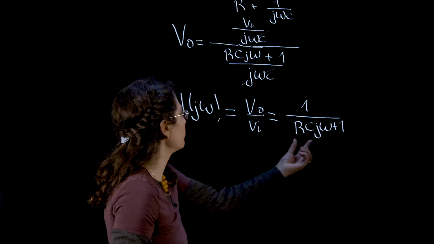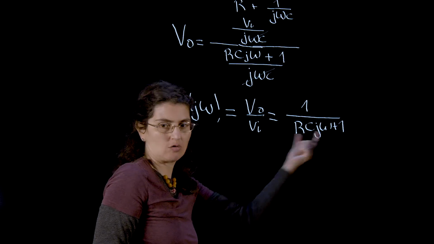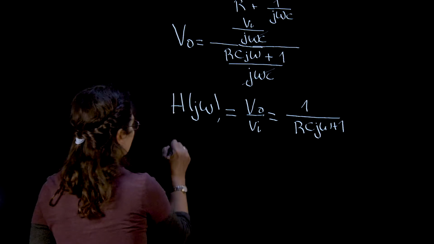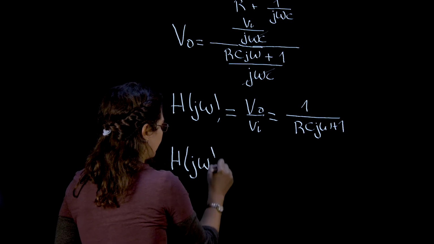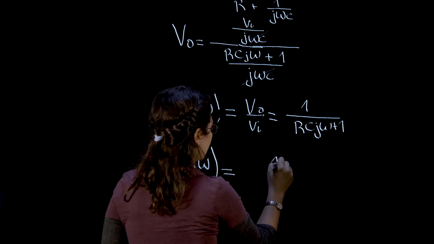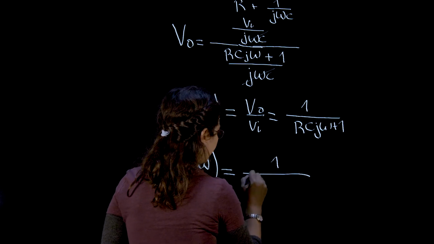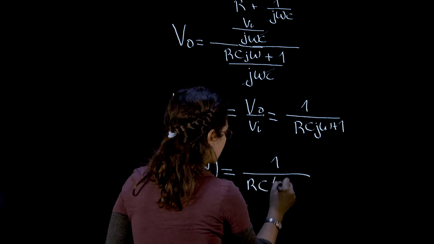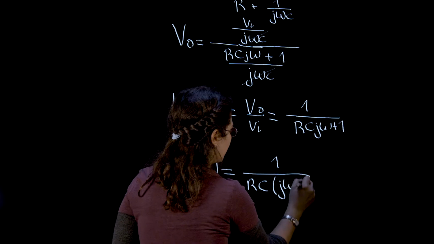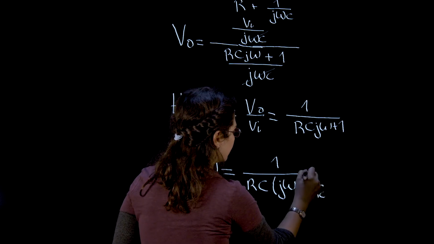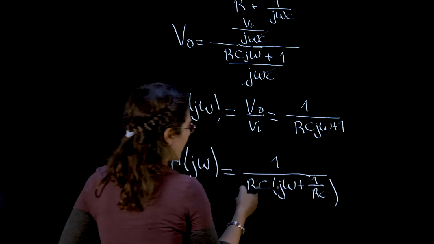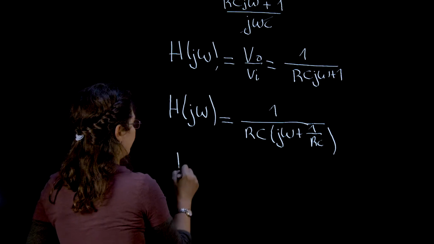Now, usually we want to leave the j omega alone, so I'm going to take the RC out, and my transfer function will look like this: 1 over RC times j omega plus 1 over RC. And then I just bring this one up.